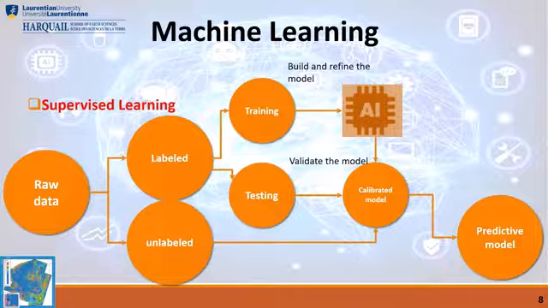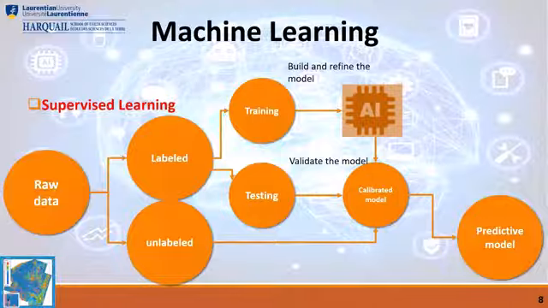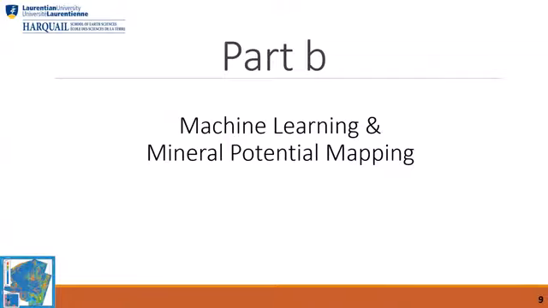First, we start by selecting our labeled samples. Then we divide our labeled samples into two categories of training and testing. With the training data sets, we try to develop our model, and then we try to calibrate our model with our validating set. If the model passes our test, then we can go ahead and use it for predictive modeling from our unseen data sets.